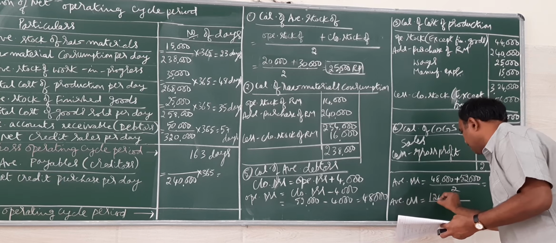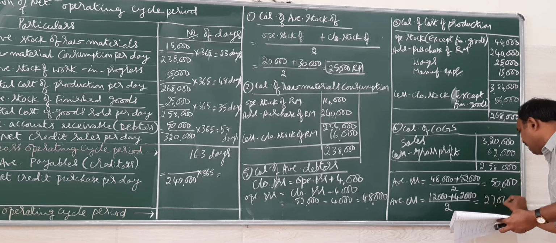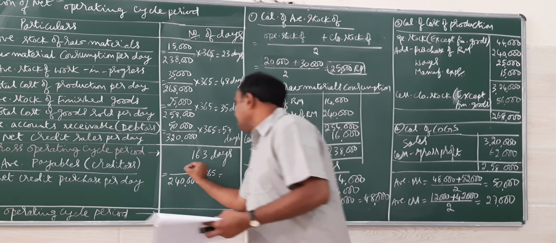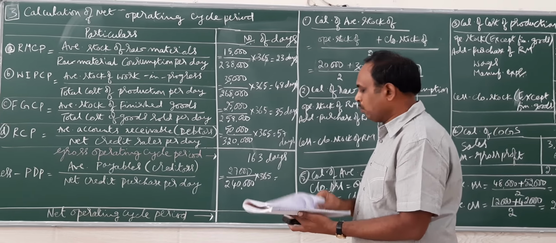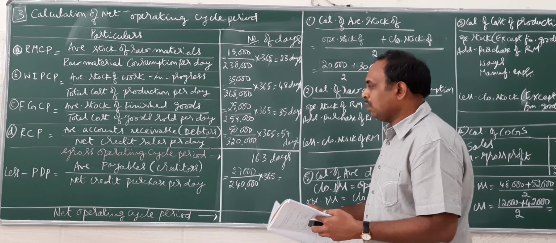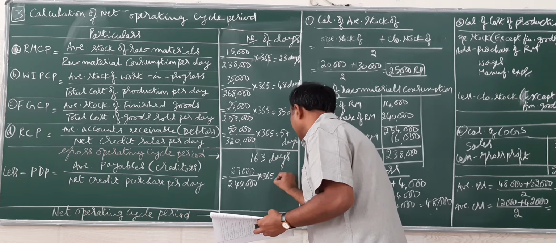Opening creditors in the adjustments, closing creditors in the balance sheet. So 12,000 plus 42,000 divided by 2, that is 27,000. So I will take 27,000 here. So if I calculate, I am going to get here for the payable deferral period as 41 days.